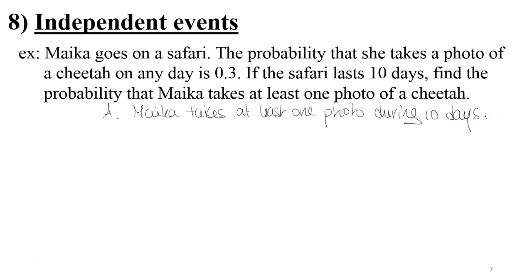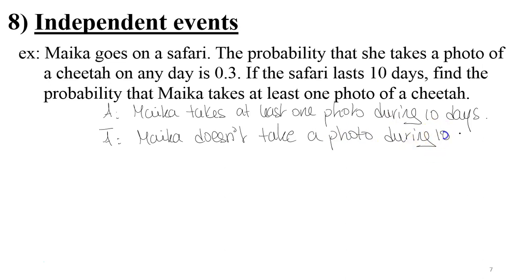Now, since we want the probability of having at least one photo, it's easier to find the probability of the opposite event, which is Micah doesn't take a photo of a cheetah during 10 days.